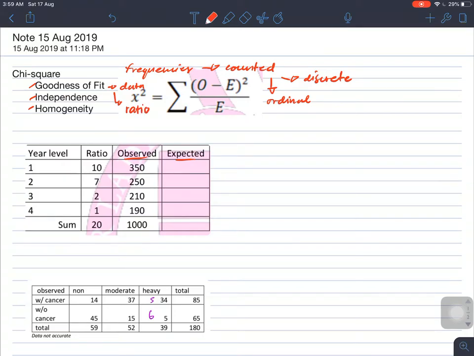By the way, it's a test of significant difference between the observed and the expected values. Gusto daw niyang malaman kung may significant difference yung observed or yung nakita natin doon sa expected or doon sa ating ina-expect na values.